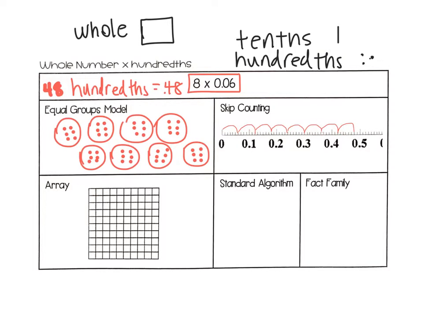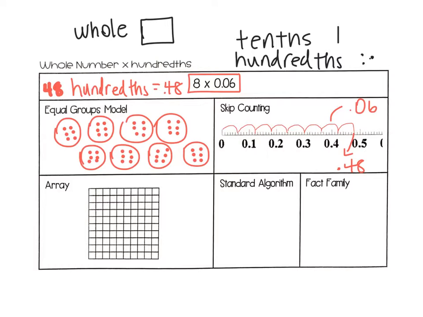And each time I hopped 6 hundredths. Each little hop represents 6 hundredths. I hopped 8 times, and I hopped 6 hundredths each time. So I landed on 48 hundredths.